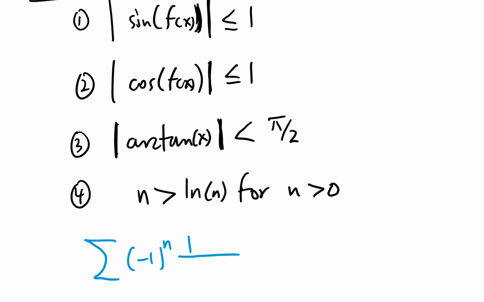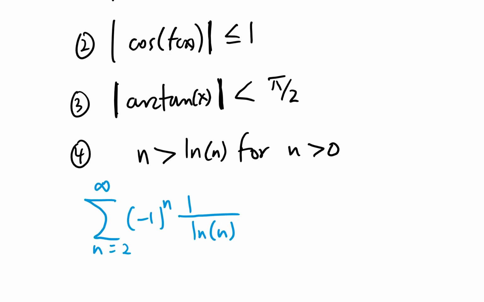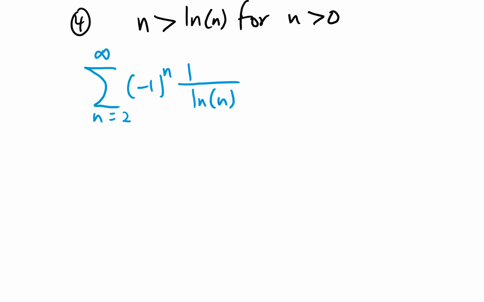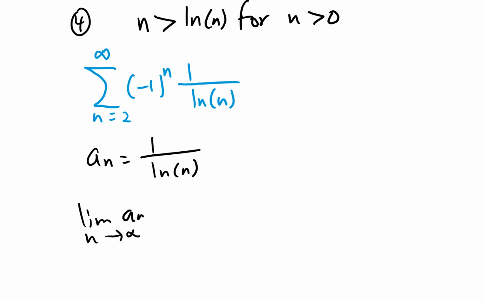So to look at another example, let's look at this one: the series of 1 over ln n times negative 1 to the nth power. Does this converge, diverge? What is it? Absolute convergence, conditional convergence? We can try AST. So AST says, this is a_n, 1 over ln of n. We need to find the limit of a_n as n approaches infinity.